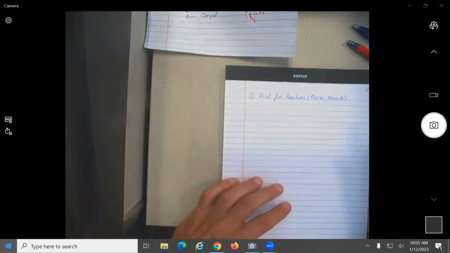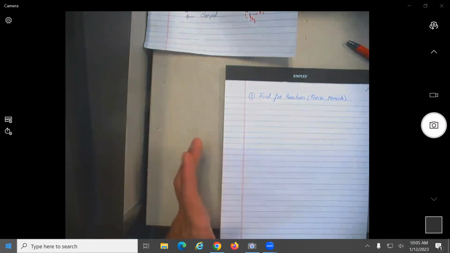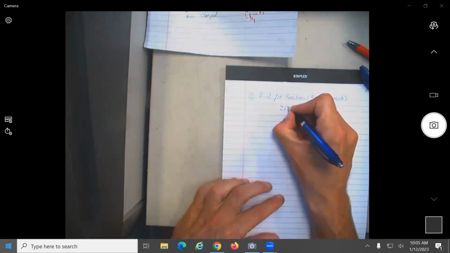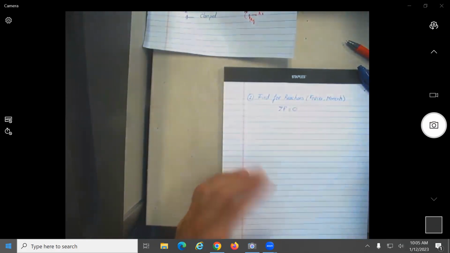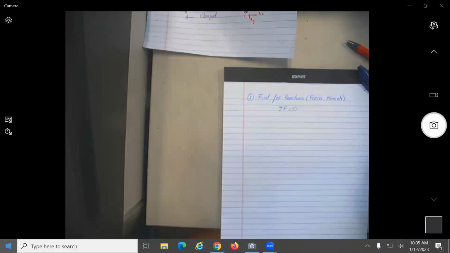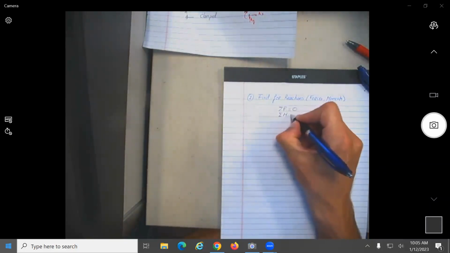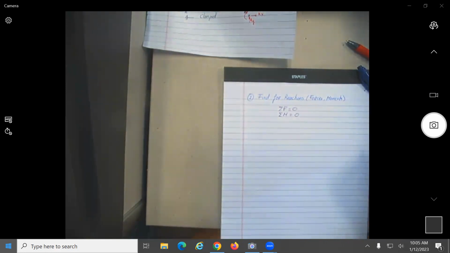So what are the equations you're going to be using in order to do that? Summation of forces equal to 0, and summation of the moments equal to 0. Okay.